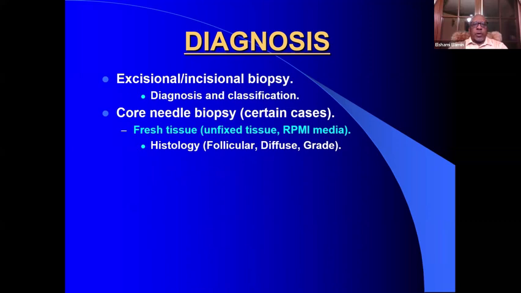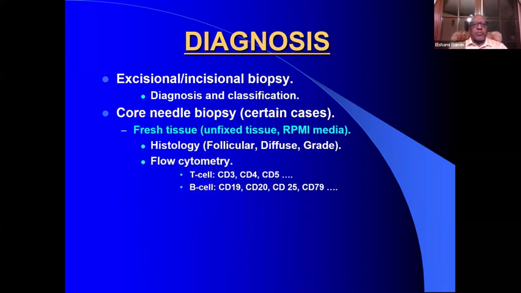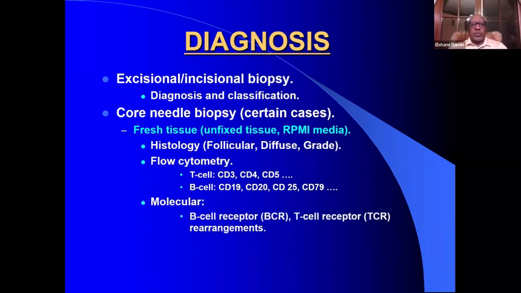So from the tissue, we can tell if it is follicular or diffuse, and also we can tell about the grade. So histology and flow cytometry are the key to making the diagnosis of different lymphomas, T cell or B cell. These are the markers. The T cells usually have the lower numbers of CD, the cluster of differentiation: CD3, CD4, CD7.